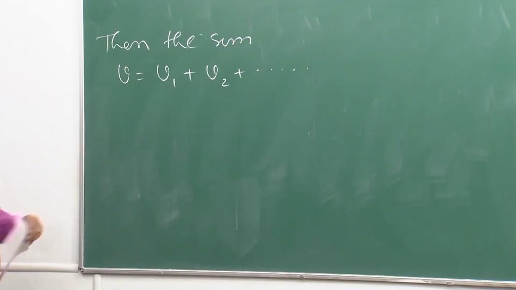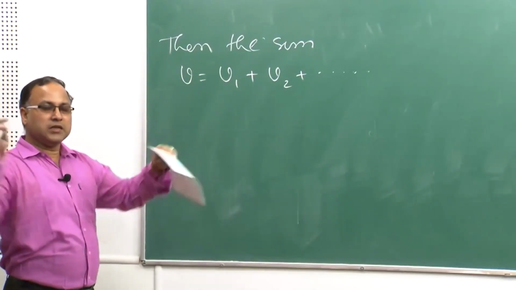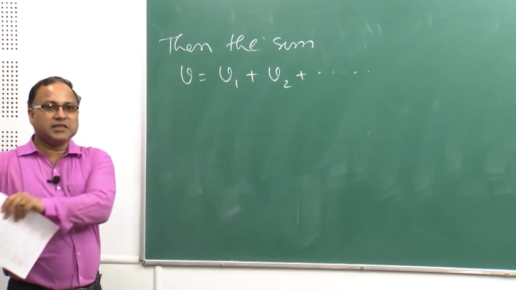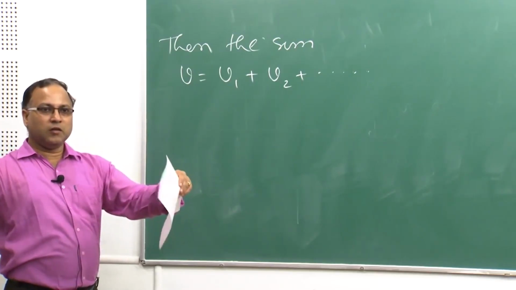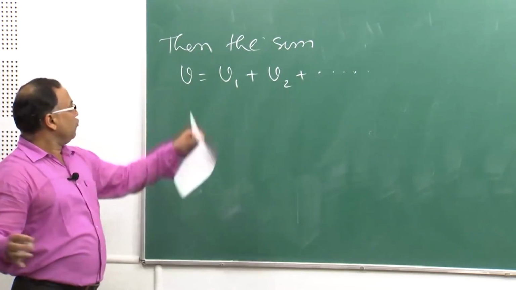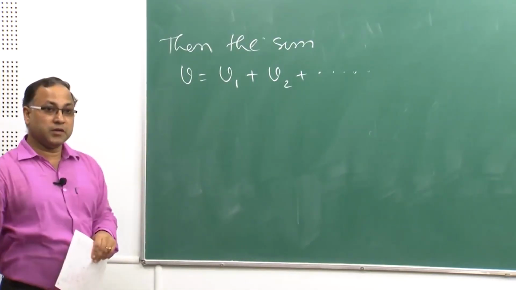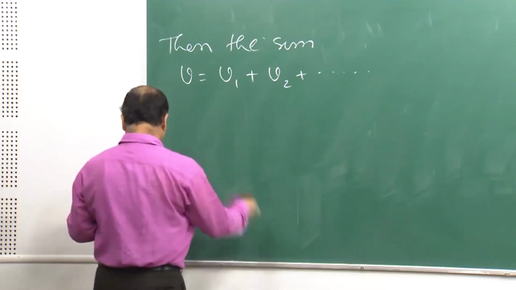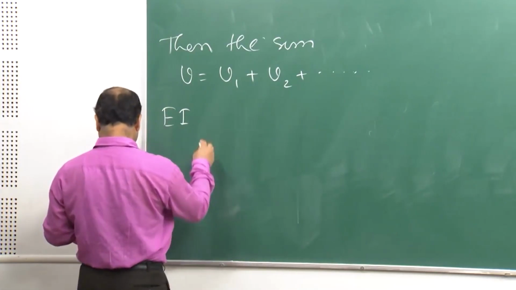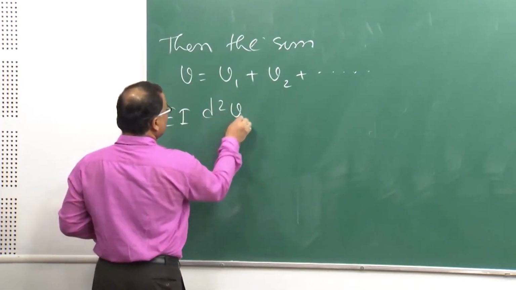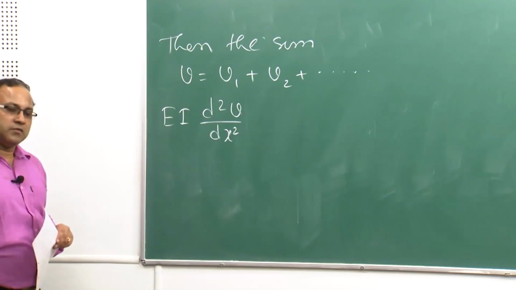That means the deflection in the actual beam is equal to the sum of the deflections of each individual beam. I mean, a summation of all the deflections together will give you the total deflection, as per the method of superposition. So, this is nothing but EI d2V/dx2.